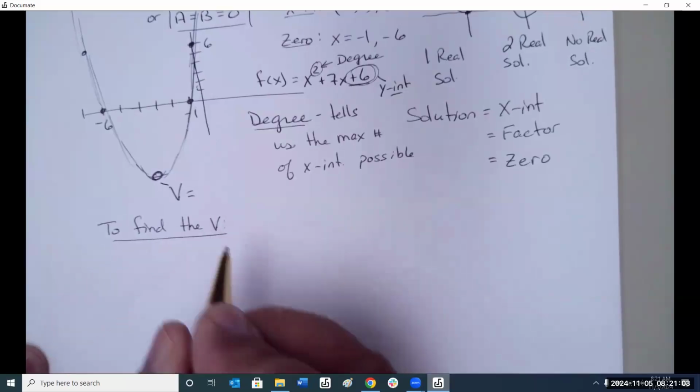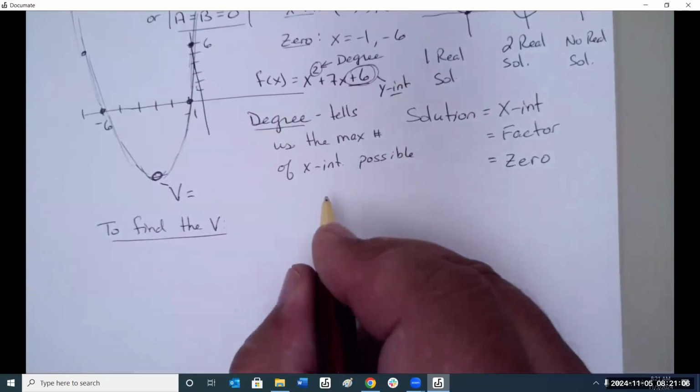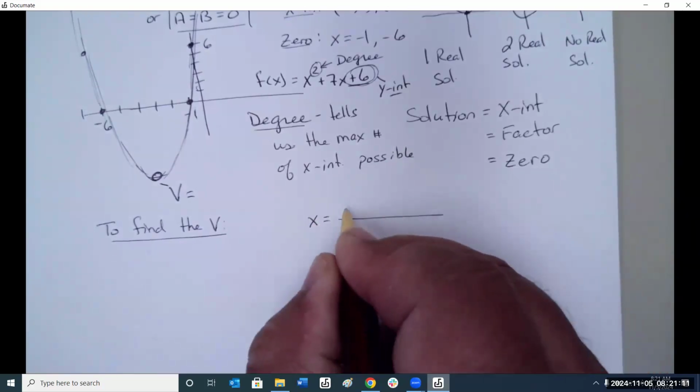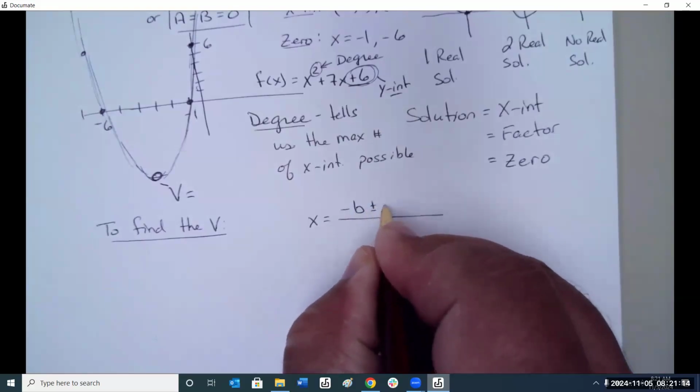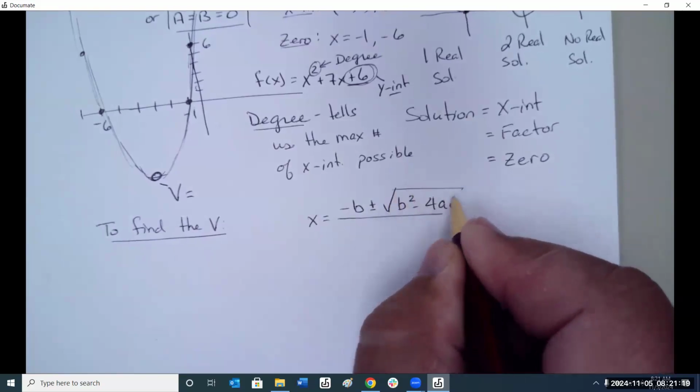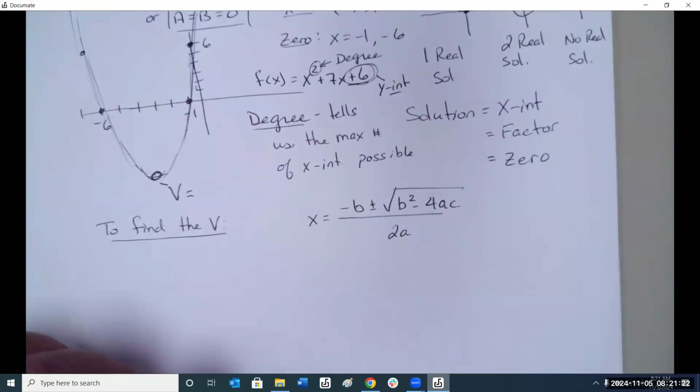To find the vertex, we first have to look at this equation. What is that equation called? Have you seen it before? Yes, you would have if you had been online for the last month. It's called the quadratic formula.